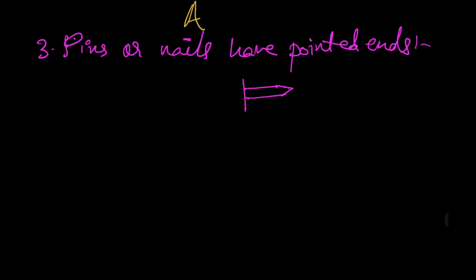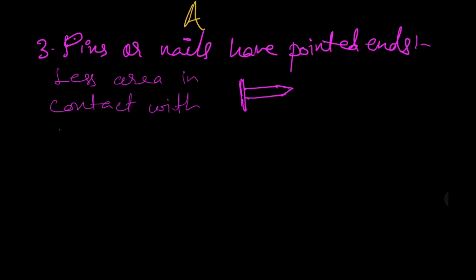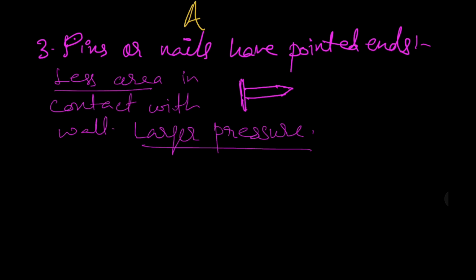The ends are pointed so that there is a lesser area in contact with the wall. Less area means larger pressure. So when the area is less, the pressure is large, and that is why pins or nails have pointed ends.